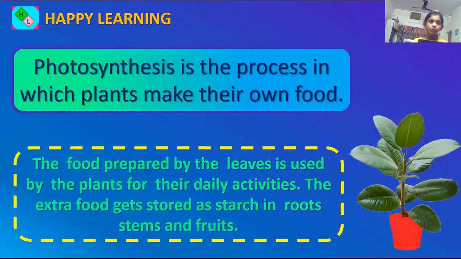What is photosynthesis? Photosynthesis is the process in which plants make their own food. The food prepared by the leaves is used by the plants for their daily activities. The extra food gets stored as starch in roots, stems, and fruits.